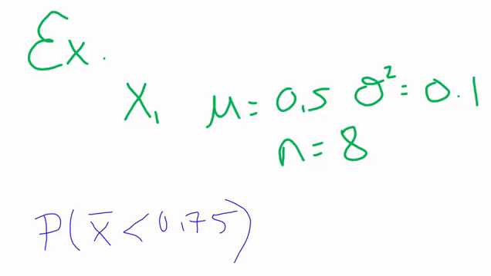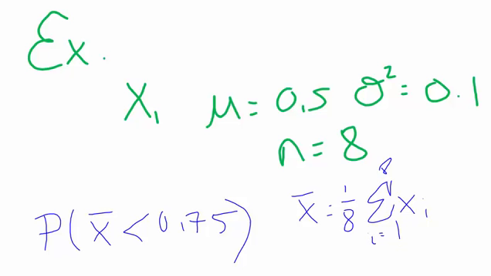The first thing we need to do, just for our own purposes as we practice what the central limit theorem means, is transform x bar into that funky equation I showed you earlier, which is basically just a complex form of the average: 1 over 8, the sum from i equals 1 to 8 of some observation xi.